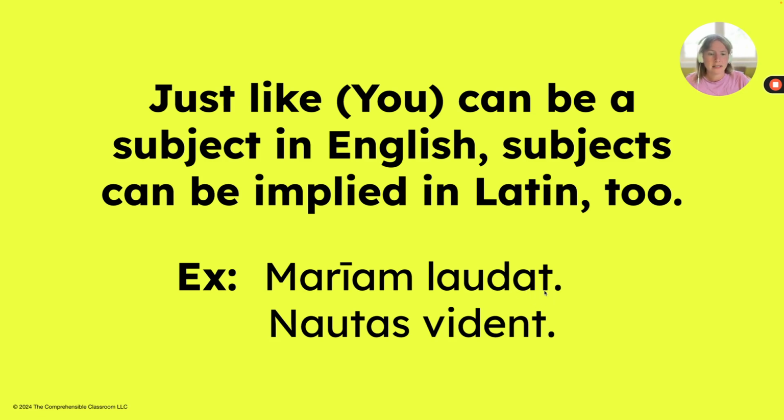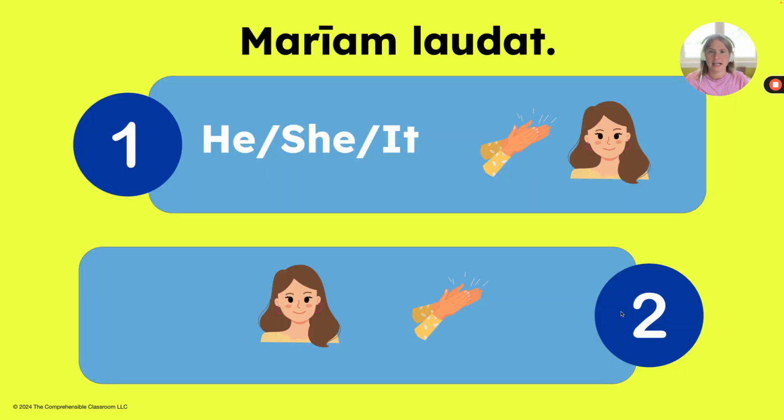So laudat, if it's a verb that ends in at, then that means he or she or it is doing the praising, one person. And if it's an nt on the end of a verb, it means that they, implied they, are doing the action. So that's why we have here, he praises Mary, or she praises Mary, or it praises Mary. Okay.